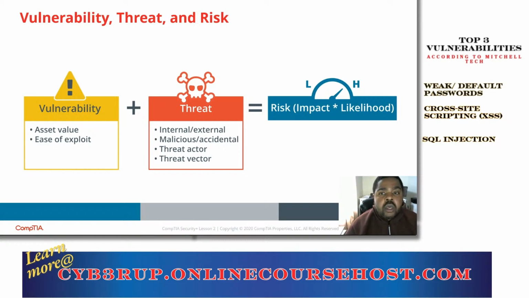A good example would be if you're in Idaho and you have a building that's made out of straw, then the risk factor of having a hurricane come and hit your straw-made house is low, right? But the risk factor for it getting hit by a tornado is high. So the vulnerability is the fact that the straw house can be exploited.